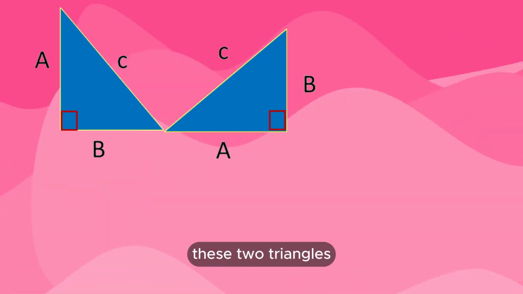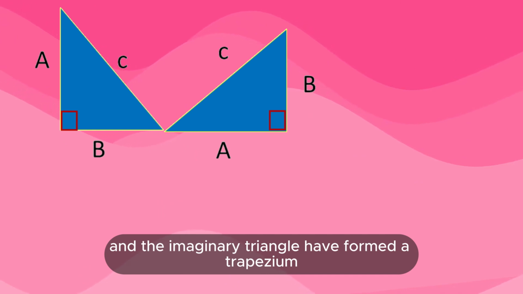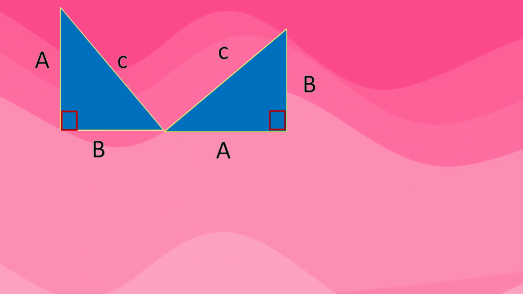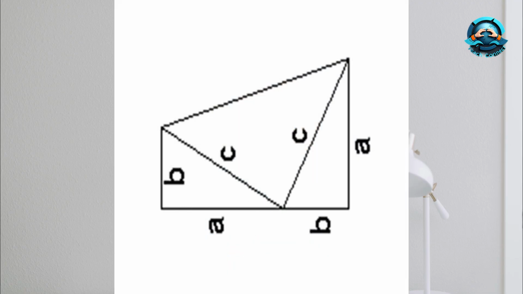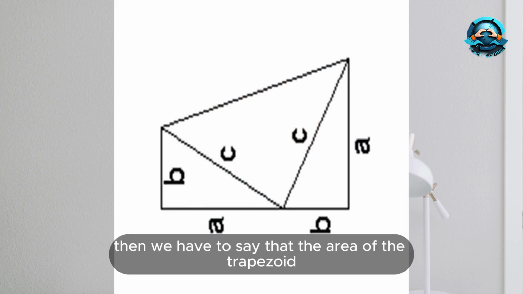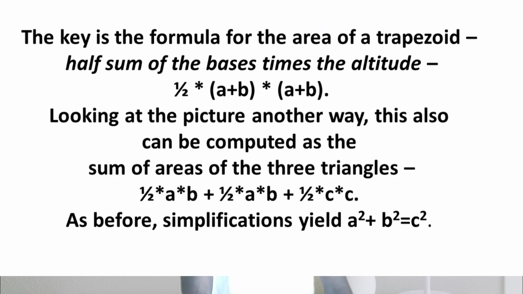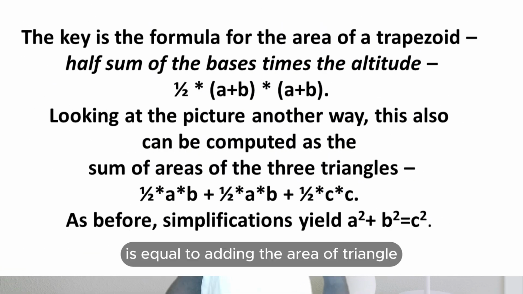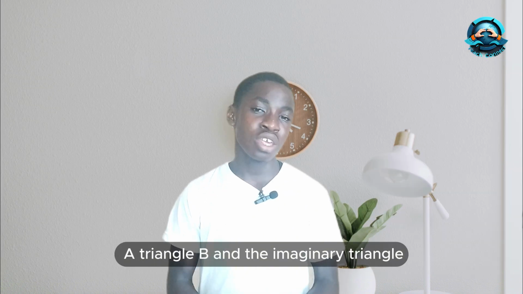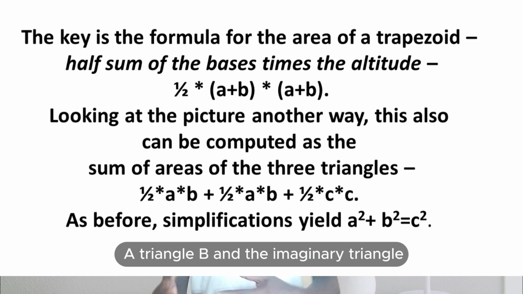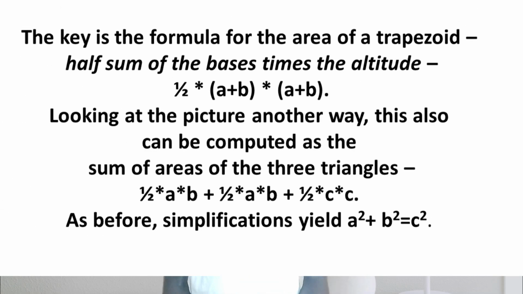These two triangles and the imaginary triangle have formed a trapezium. A trapezium. So if that's the case, then we have to say that the area of the trapezoid is equal to adding the area of triangle A, triangle B, and the imaginary triangle.